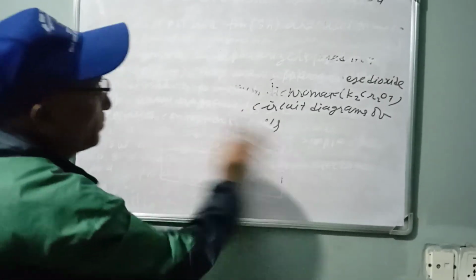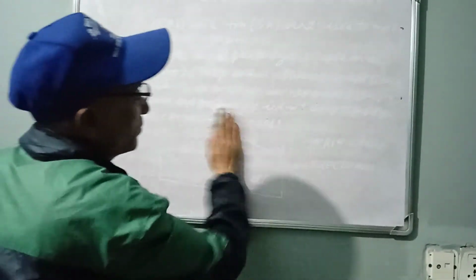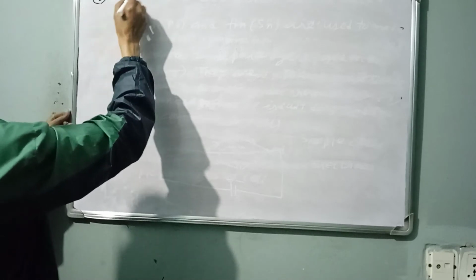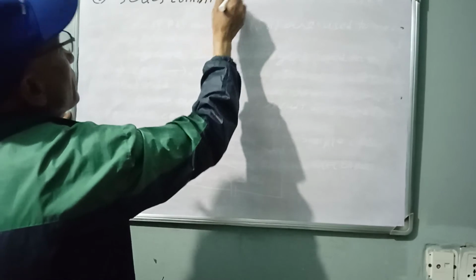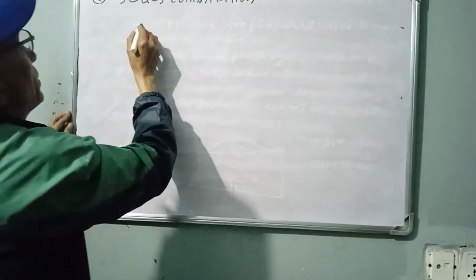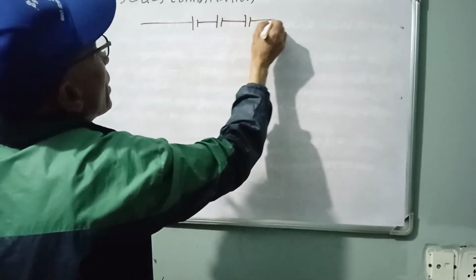Question number 11B is series combination. Series combination or connection is the same, just opposite. See, in series, plus minus, plus minus, plus minus.